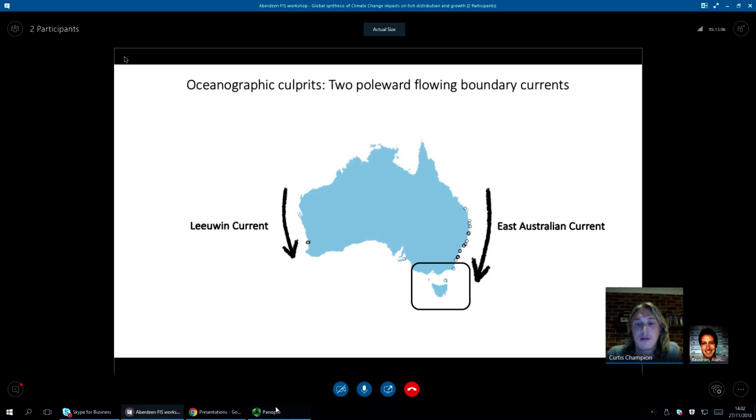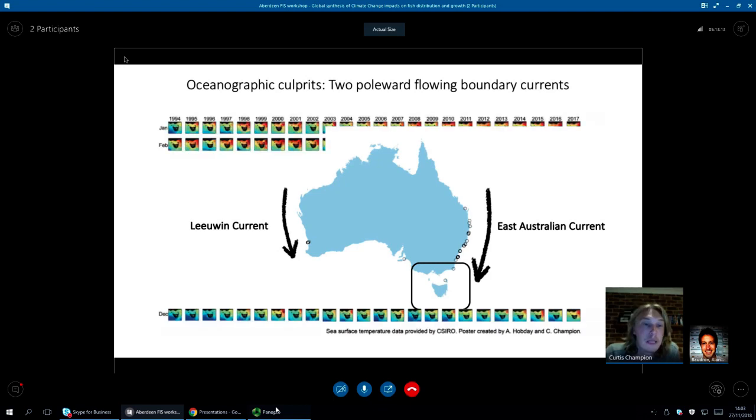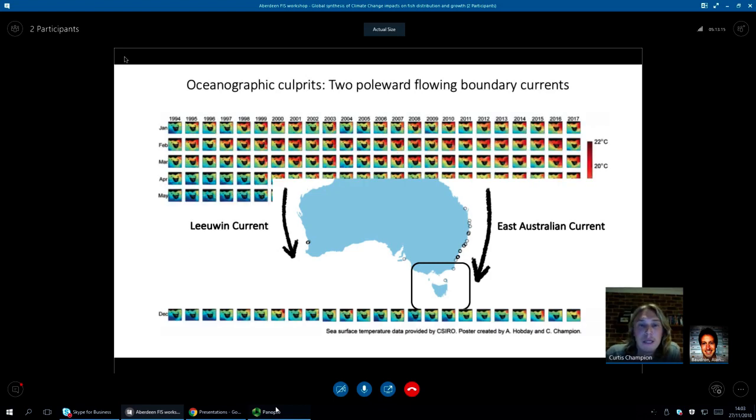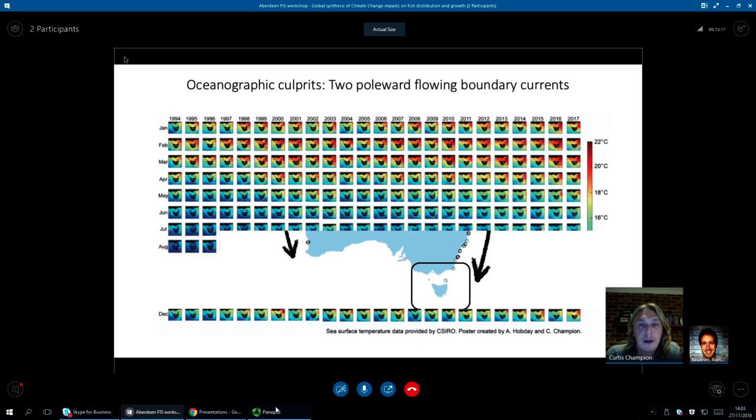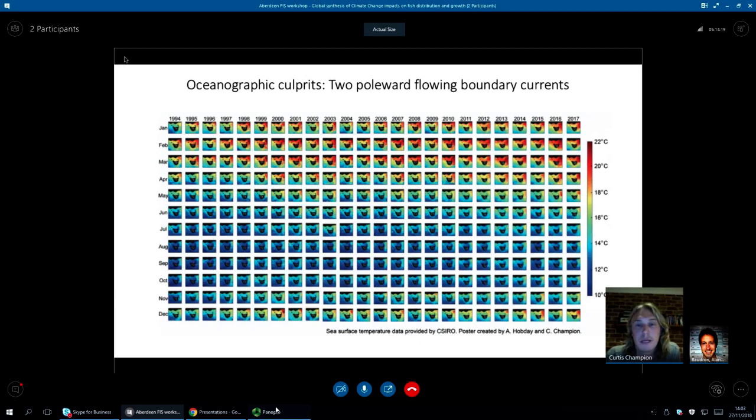So if we zoom in on that little box around Tasmania, which is a known ocean warming hotspot, and look at sea surface temperature data for about the last 24 years, we see if you go across each month, you'll see that sea surface temps are increasing. And the cumulative effect of this is that nowadays we have more months per year that are warmer compared to the past.